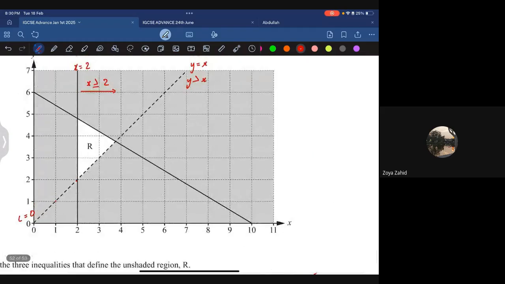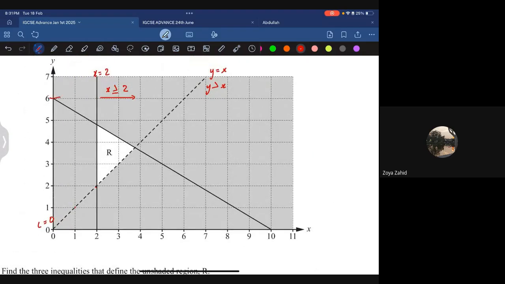Now the last line. The y-intercept of this line, which is equal to c, is 6. Calculate the gradient of this line. Choose any 2 points on the graph which can help you calculate the gradient.